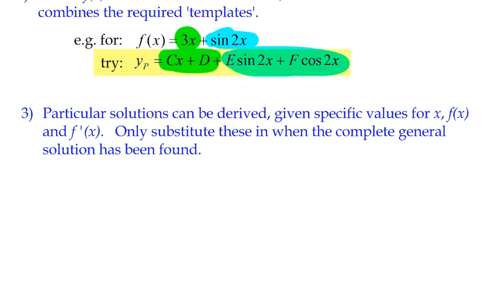So we don't think about the different conditions, values for y and dy by dx, all that kind of stuff, until we've got the general solution. So I'm going to go on and do example 21. There's another example 22, two more, and we're going to throw in a couple of these aspects into our work.